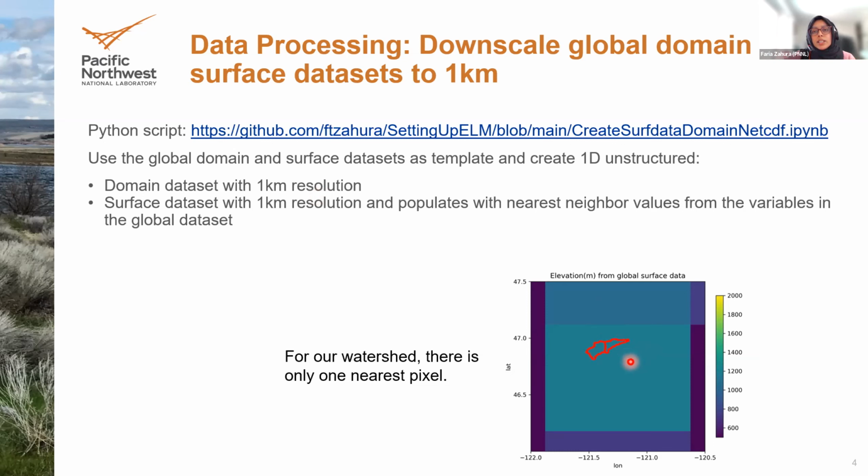For each 1 kilometer resolution pixel, it would look at the distances surrounding that pixel, figure out which grid cell has the shortest distance from it, and then get the variable data from that to the downscaled data, and create a 1D array in that way. It's still 1 km resolution, but just in an unstructured way. Yeah, right. It's unstructured.